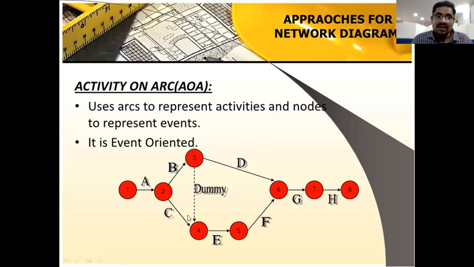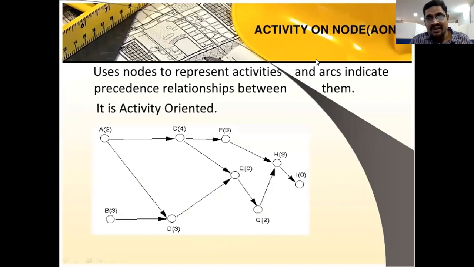This method is called activity on arc. Coming to the next slide, the next method, activity on node. Node means the circle form. We have this event, as I told you in the previous slides.